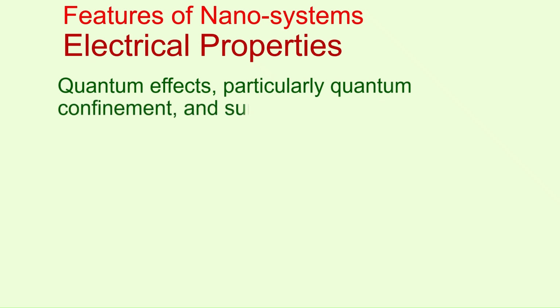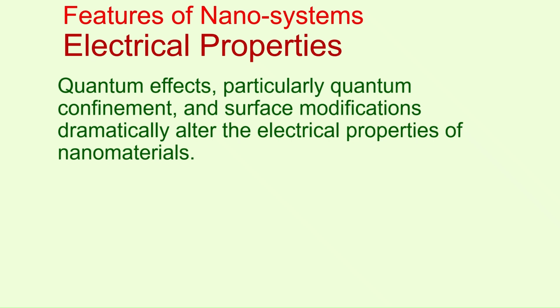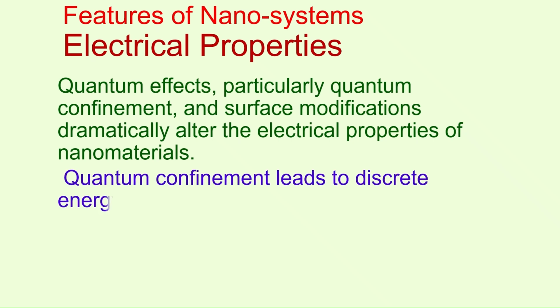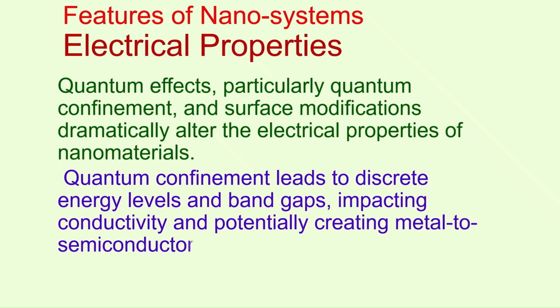Quantum effects, particularly quantum confinement, and surface modifications dramatically alter the electrical properties of nanomaterials. Quantum confinement leads to discrete energy levels and band gaps, impacting conductivity and potentially creating metal to semiconductor or insulator transitions.